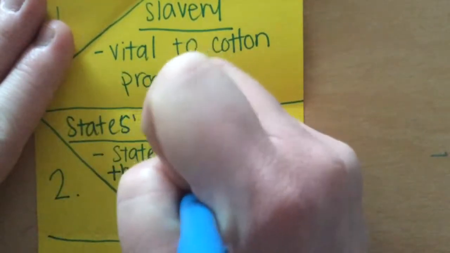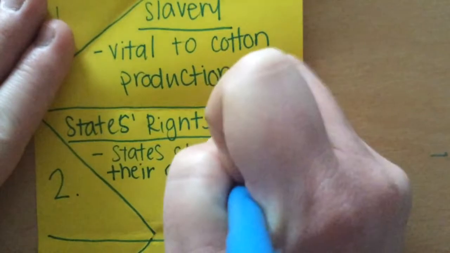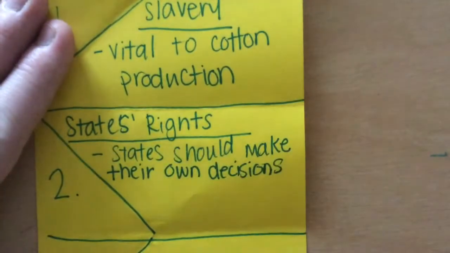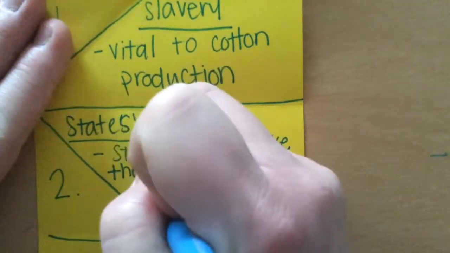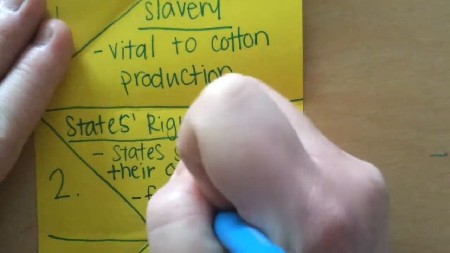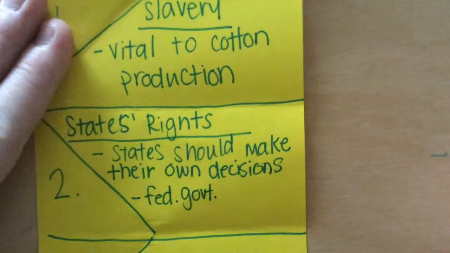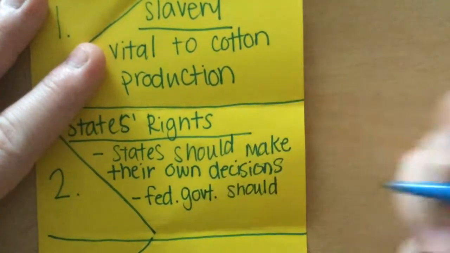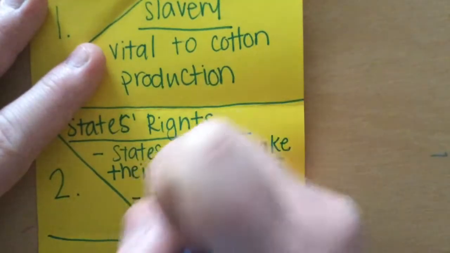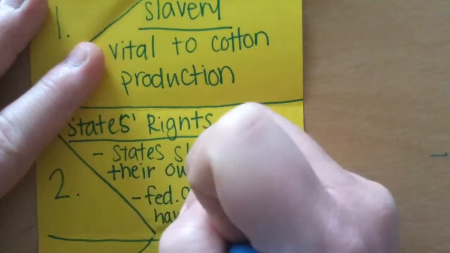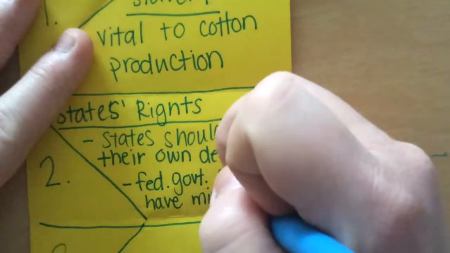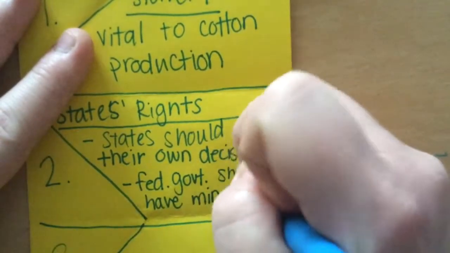Make their own decisions based on what's best for everyone in that state. And that the federal government, this is an abbreviation for federal government, should have limited or no authority. Should have, I'm just going to put minimal, M-I-N dot, minimal authority.